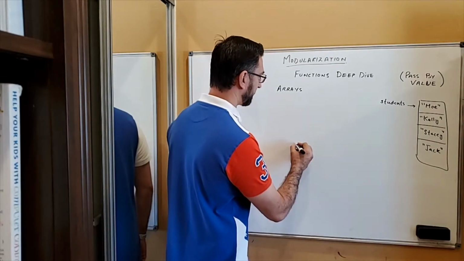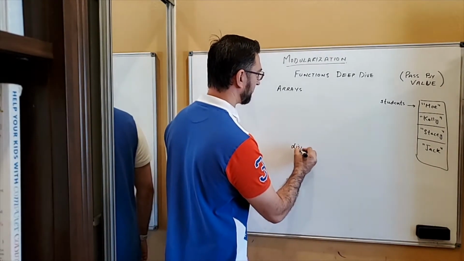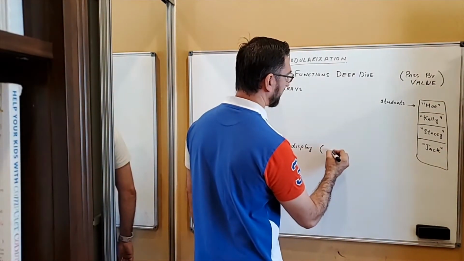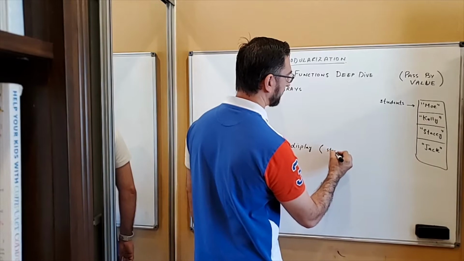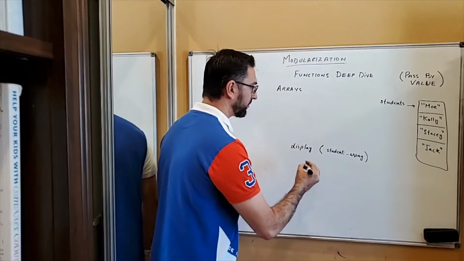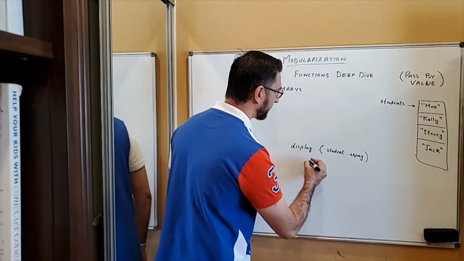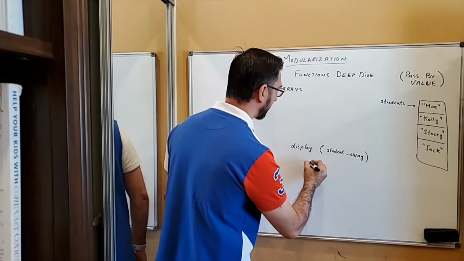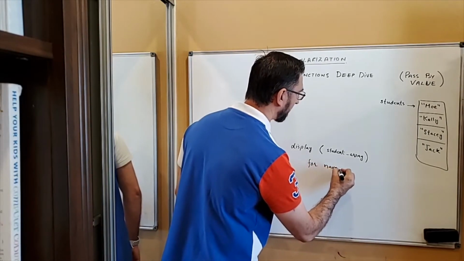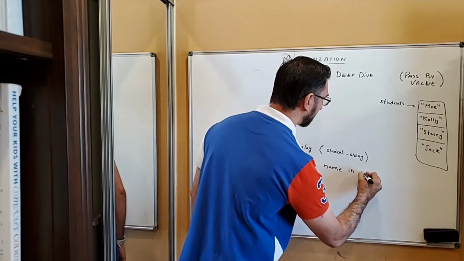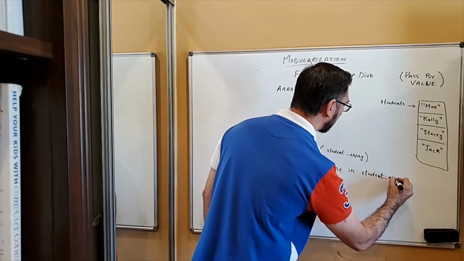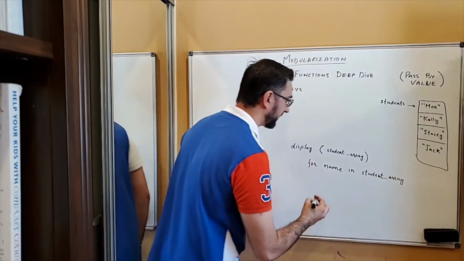So in my simple function display, I take in students array, and in this display method, let's say I want to print the student names, so I can iterate over them using a for loop: for name in student array, print.